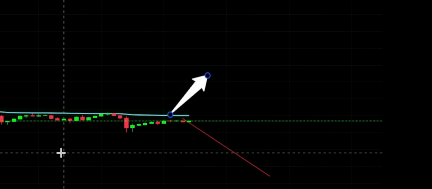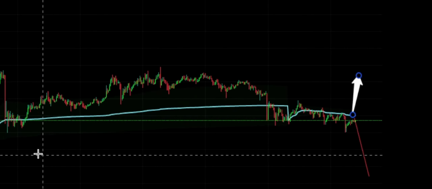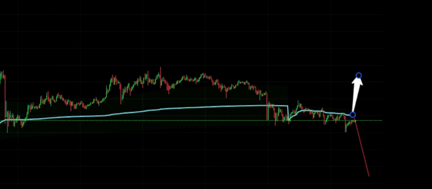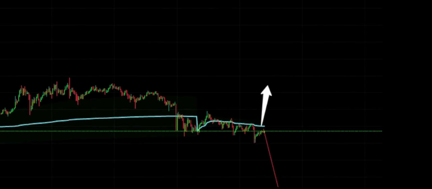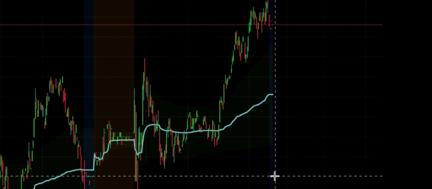I just want to show you, with the stock or price, you can choose anything. Right now I am on Bitcoin because it's live and Bitcoin is making a new high.